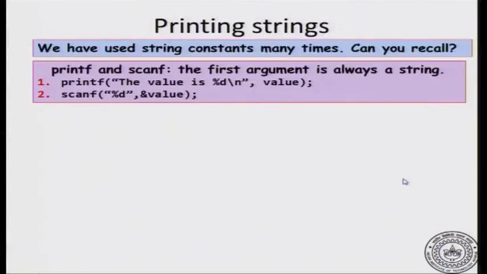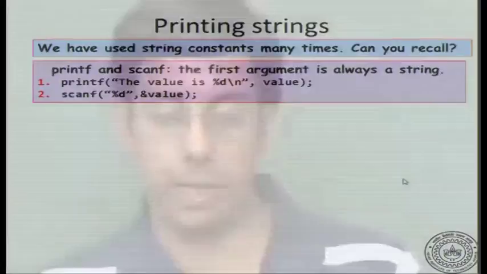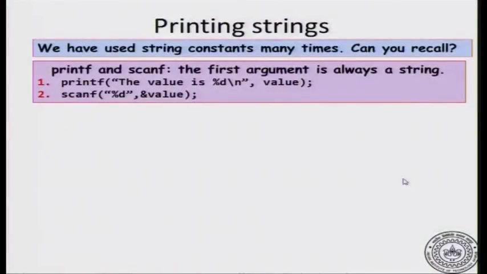We have used them, for example, in printf and scanf. The first argument of a printf or a scanf was always a string constant, because if you recall, we had some text which involved special characters like new line, and format specifiers like %d, but whatever it was, it was a bunch of characters inside a pair of double quotes, that is a string constant.